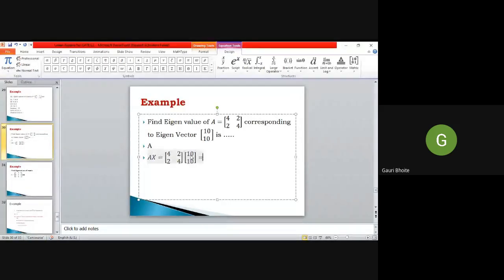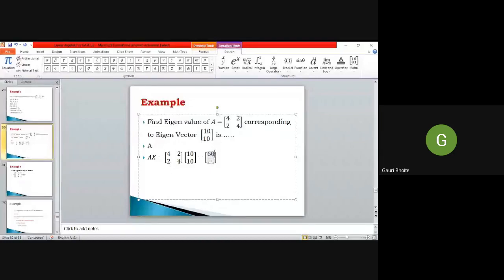What is the resultant matrix? Four into 10, 40, plus 2 into 10, it is 60. Then first row, first column, 2 into 10, 20, plus 4 into 10, again it is 60.